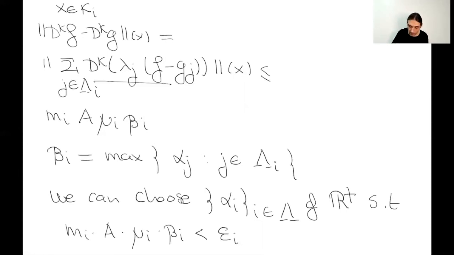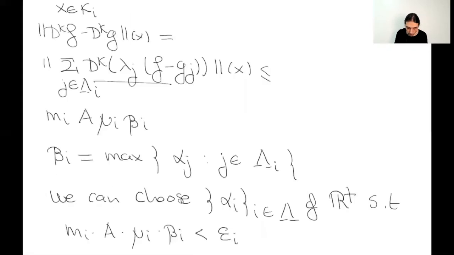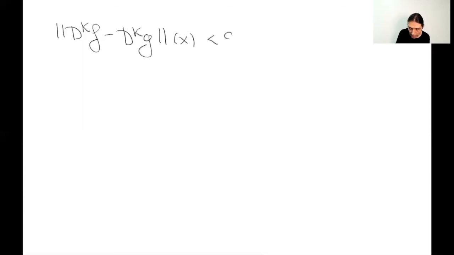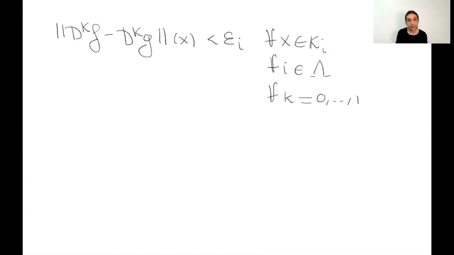But in this situation, because of course this is valid for every k from 0 to r, what we get is that this is smaller than epsilon_i for every x in K_i, for every index, and for every k between 0 and r.